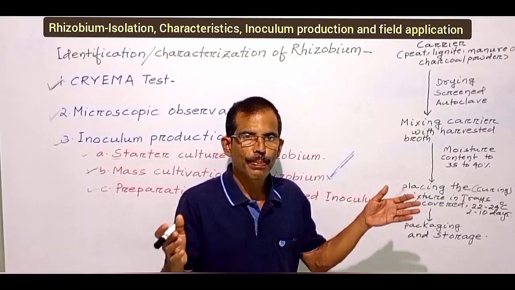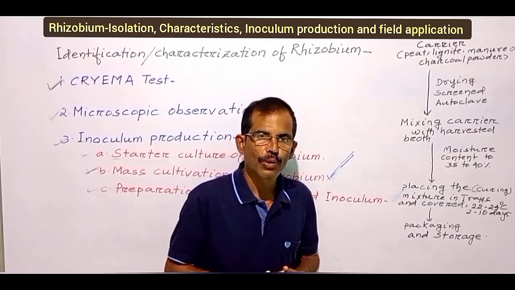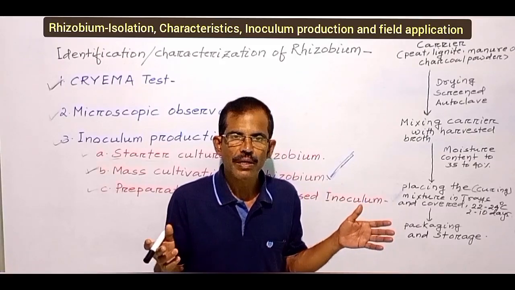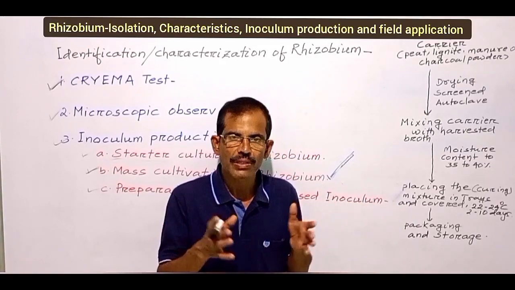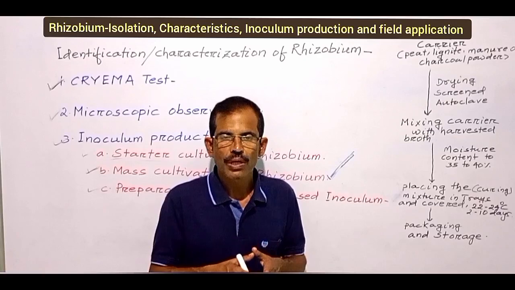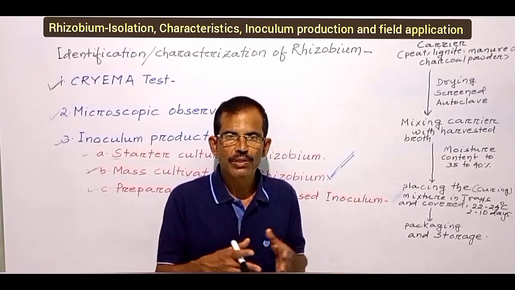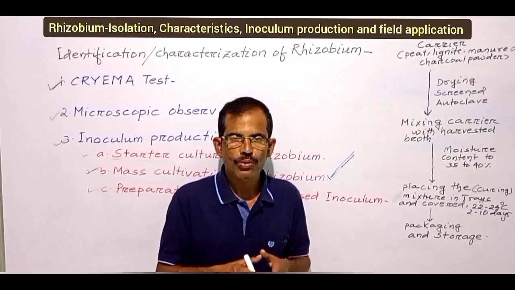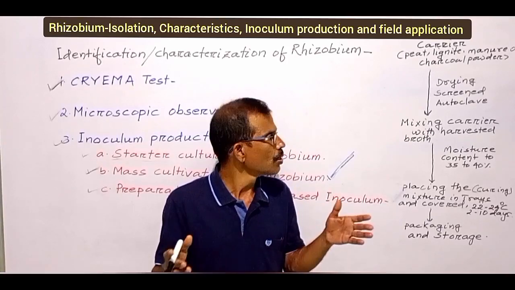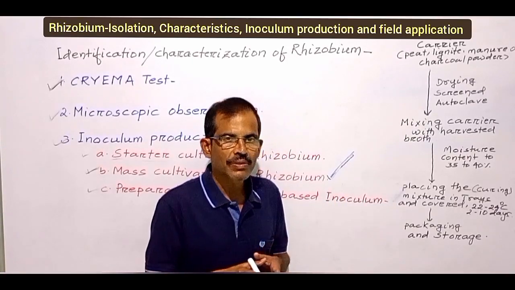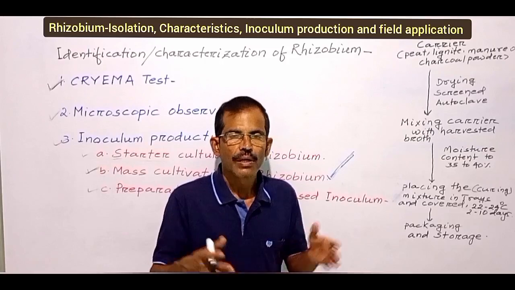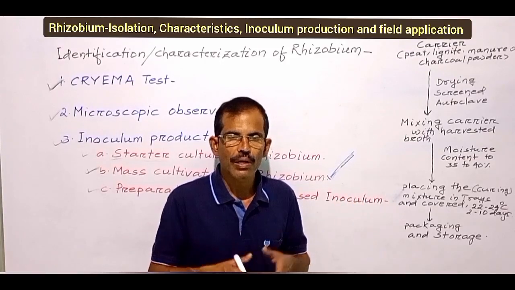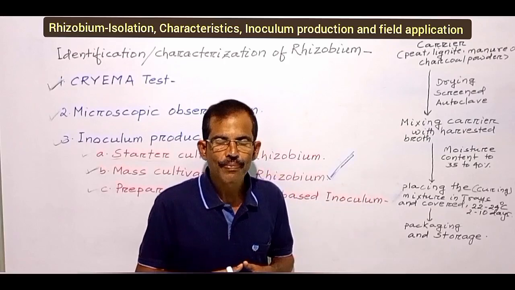In order to prepare carrier-based inoculum, inert material known as carrier is mixed with harvested broth so that the inoculum will be easy to handle, to pack, to store, to transport and also to use. Substances such as peat, lignite, farmyard manure and charcoal powder are used as carrier.